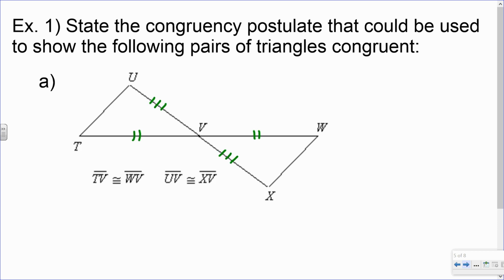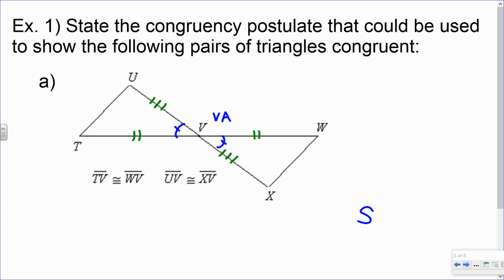Can anybody help me figure out what reason I would use for that? Blake? Okay, so we'd be able to say these are our vertical angles, and you did a beautiful job naming those with 3 letters, and you did it in the corresponding order. So we know that those are congruent because they are vertical angles. And then what else?